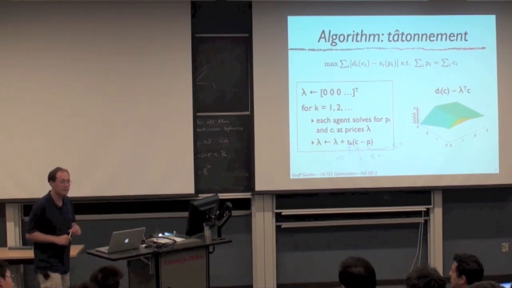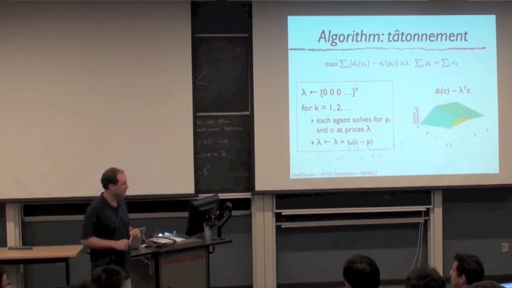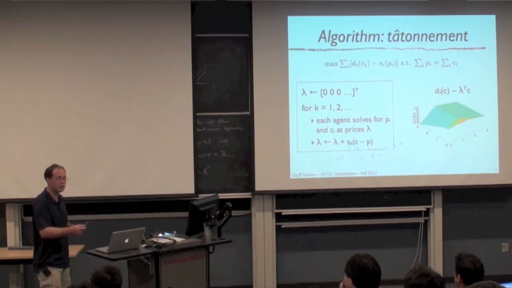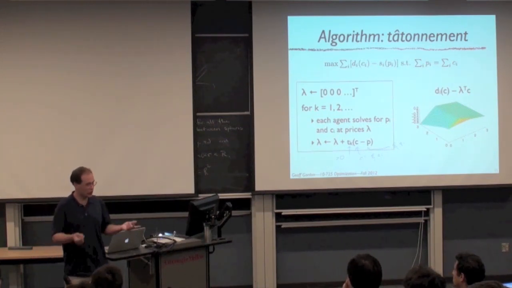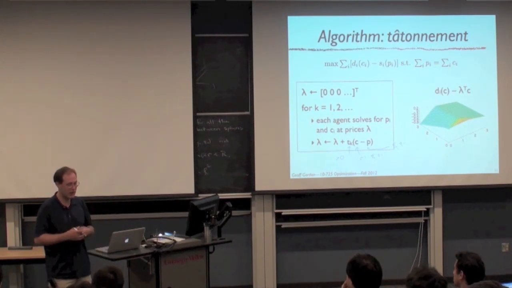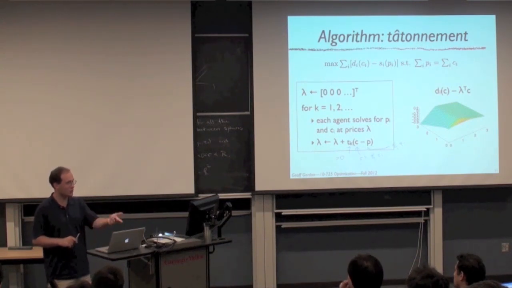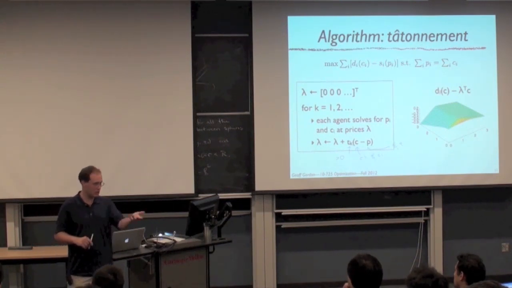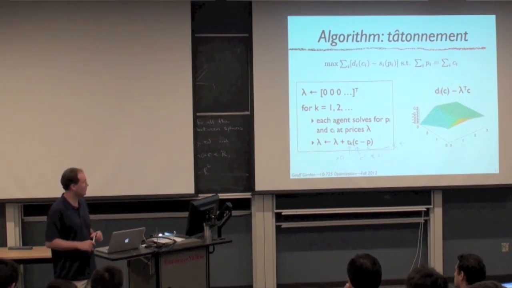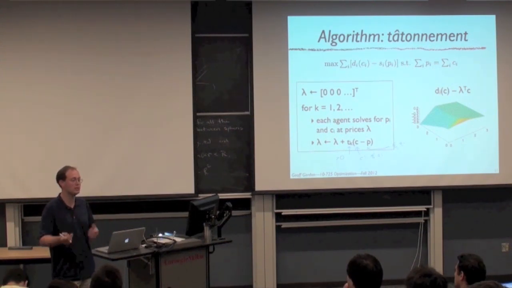Yes? That's okay. Yeah. So you've actually hit on an important variation of this problem. If you have what's called free disposal, meaning that if you have extra of some good, you can just throw it away at no cost, then the prices can never go below zero, and you can impose that constraint if you want to. But right now, we're assuming that it's possible to have too much of something, right?